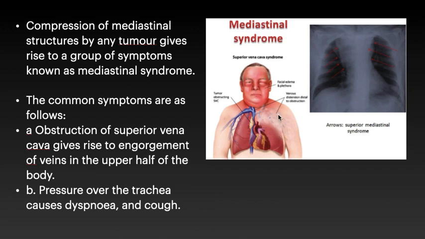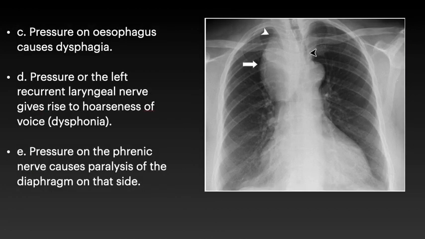Pressure over the trachea causes dyspnea and cough. Pressure on the esophagus causes dysphagia. Pressure on the left recurrent laryngeal nerve gives rise to hoarseness of voice called dysphonia, and pressure on the phrenic nerves causes paralysis of the diaphragm of that side.